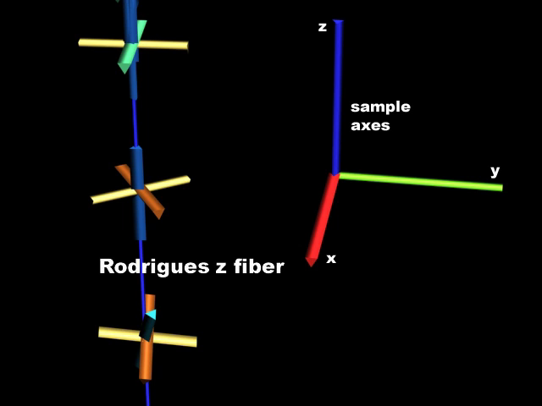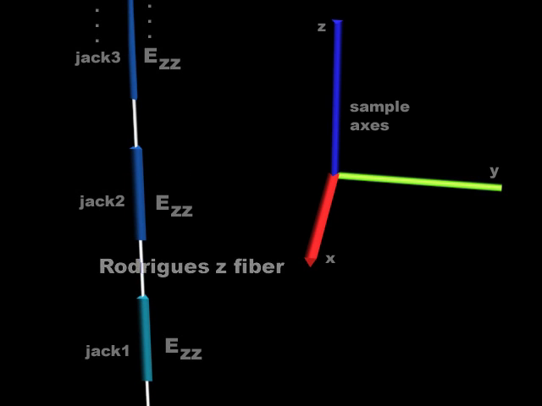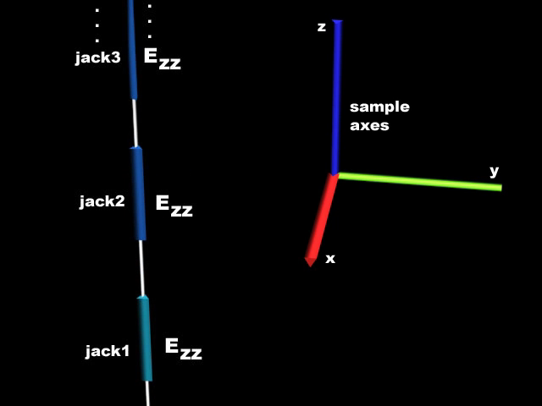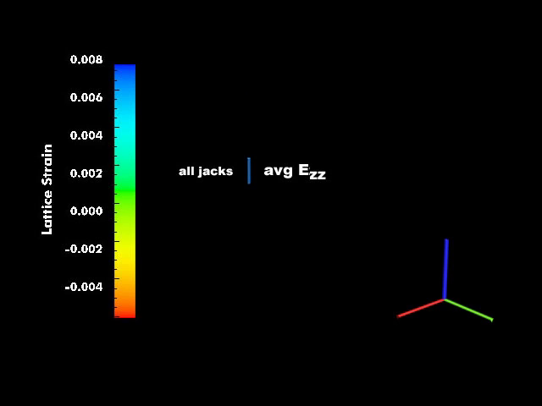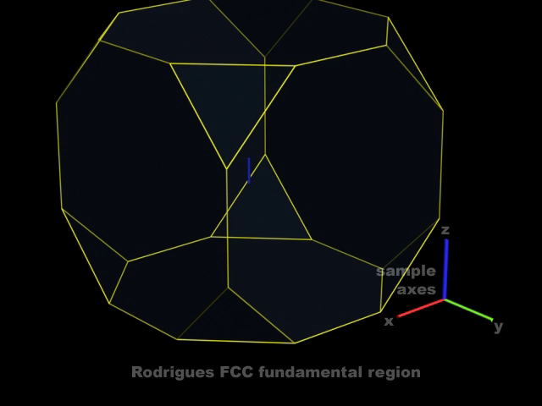The diffraction volume often contains many crystals, so the measurement contains contributions from all crystals that light up. For all the jacks along one fiber in which the crystal 100 axis aligns with the sample z-axis, we calculate the z-strain components and take their sum. The values are then averaged, and the resulting strain is indicated here by a color of a line that extends over the complete fiber.